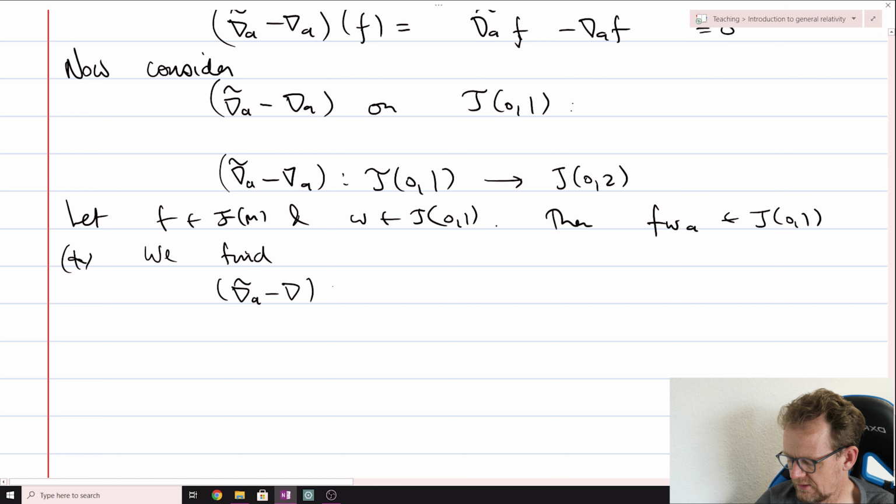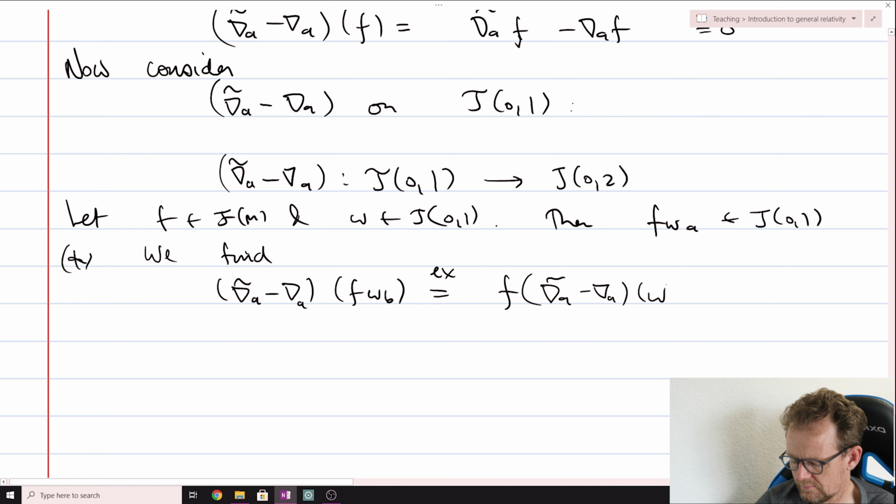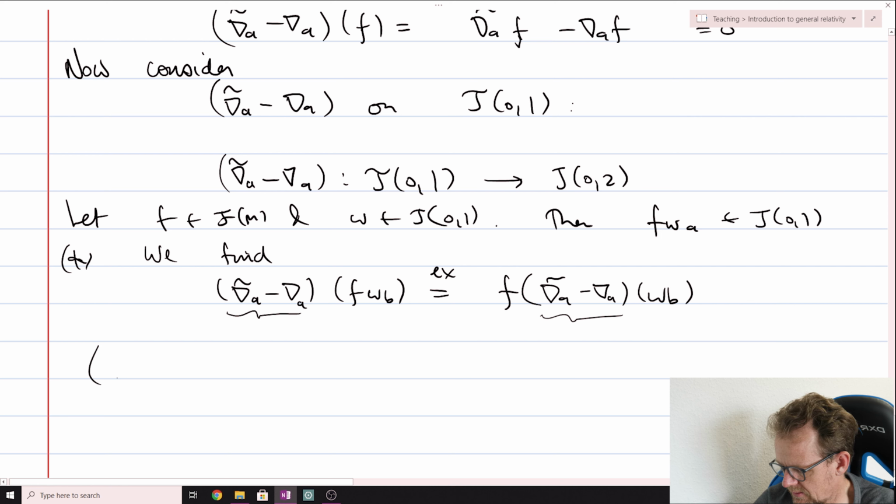So form the difference and apply it to our scalar times omega, and then simply do Leibniz, right? And you'll learn that this difference commutes with f, right? You can push the difference of these two derivative operators backwards and forwards past any arbitrary smooth function f. So this is via the Leibniz property and condition 4.